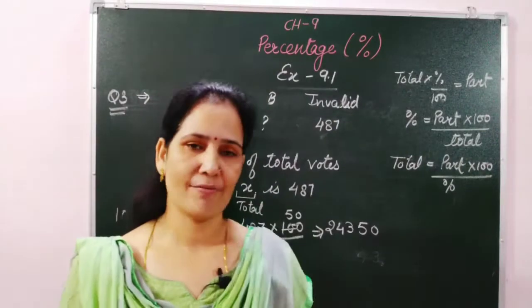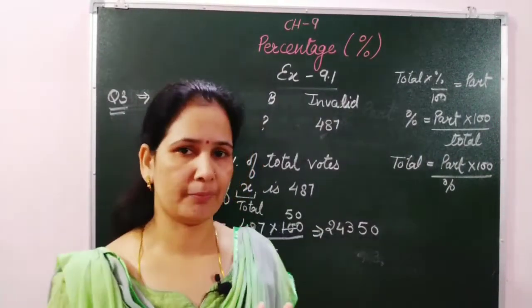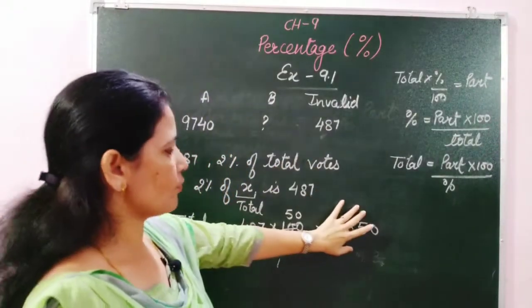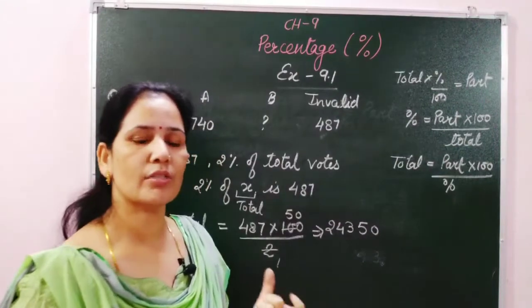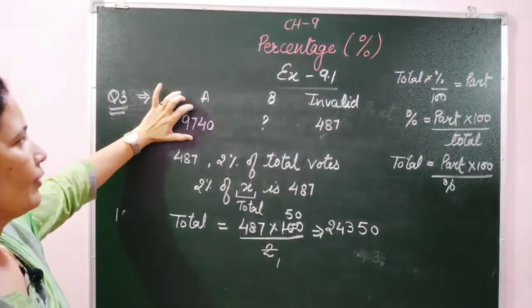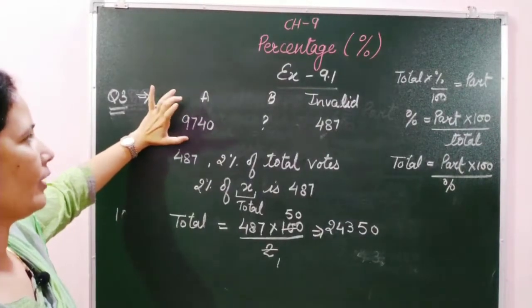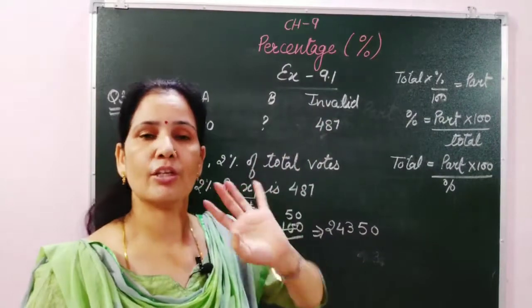First step we have solved. What was the first step? To find out the total. Now we know what the total is in this question. The total number is 24,350.